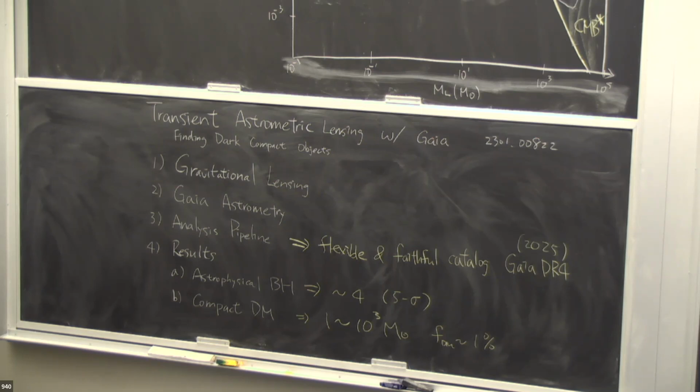So looking for this magnification is what people have historically done to try to detect any compact dark matter in the galaxy.